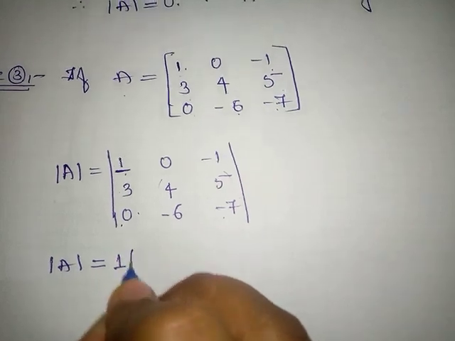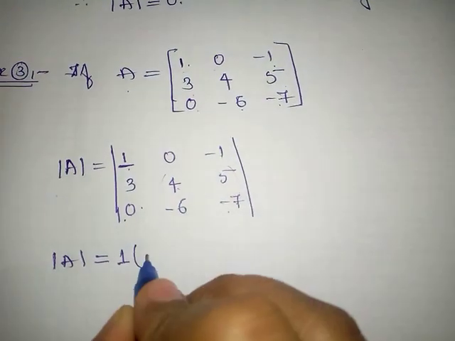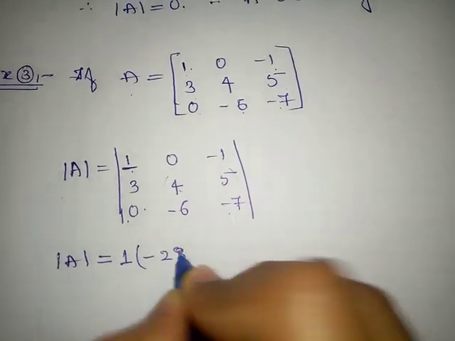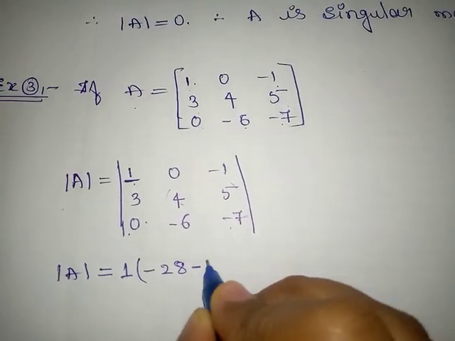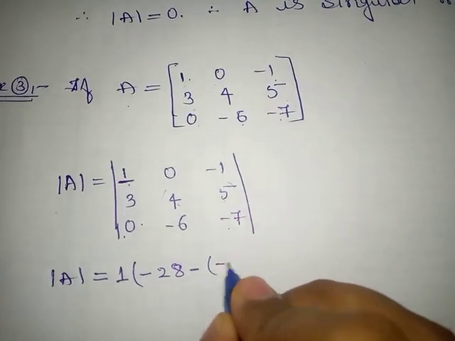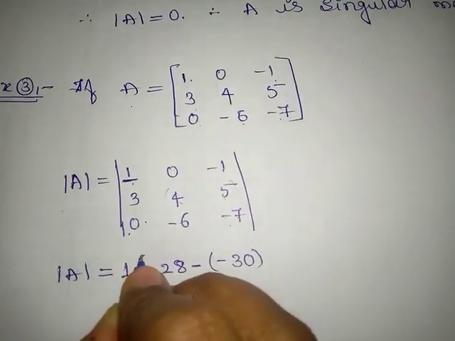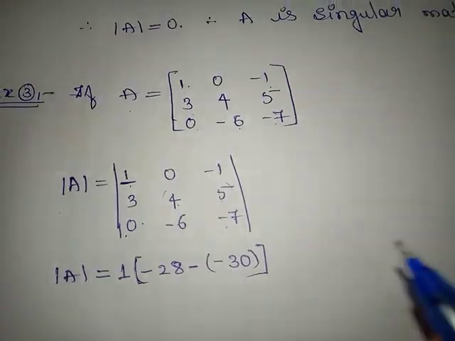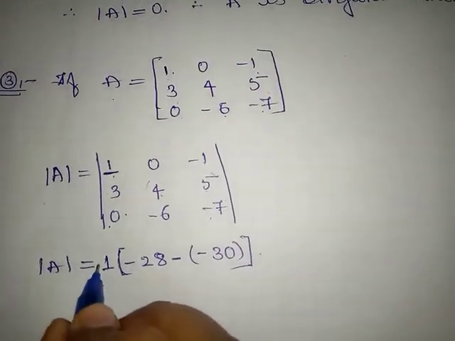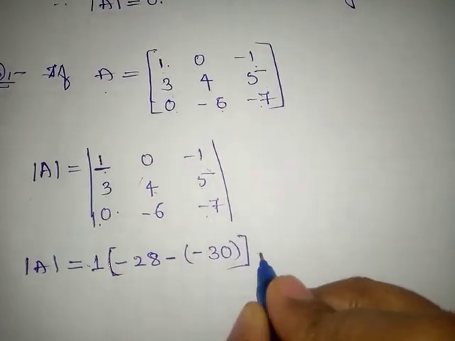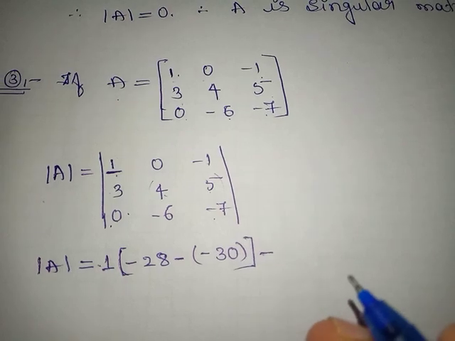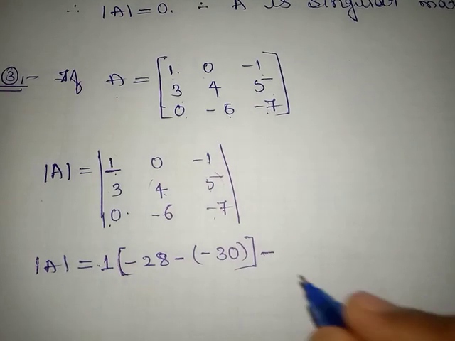It will be what? 4 sevens are 28, minus 6 fives are 30, so 28 minus 30. I will take a close bracket here. Next, here we take a positive sign and here negative. We have to take the signs alternately positive and negative.